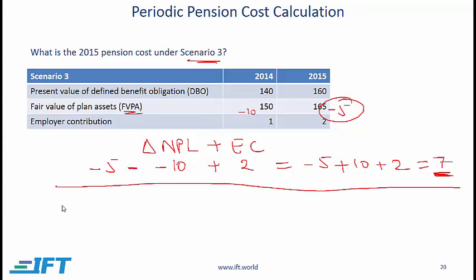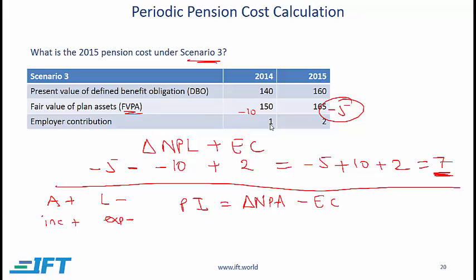Now sometimes in the curriculum you'll see a different convention. If we take assets as positive and liabilities as negative, and we take any inflow or income as positive and expenses as negative, then the formula can become the pension income. So the total income is equal to the change in net pension asset minus the employer contribution.